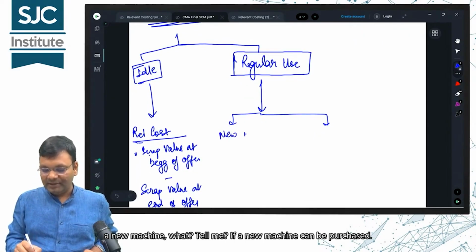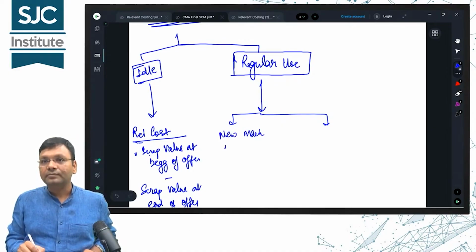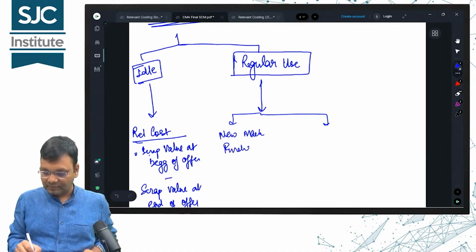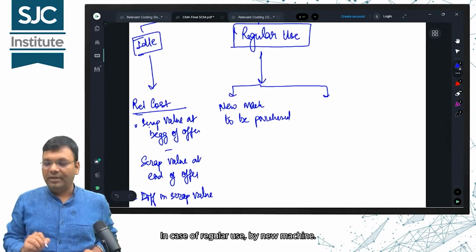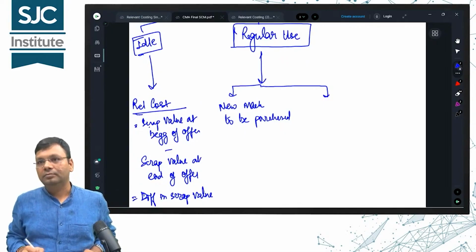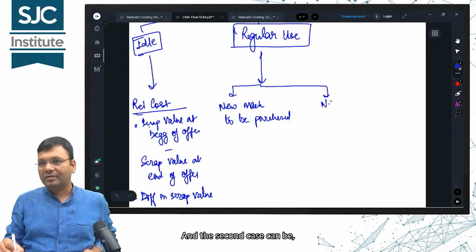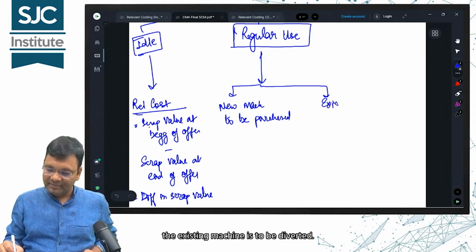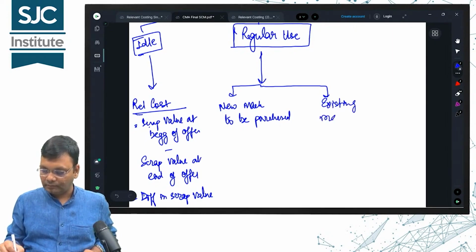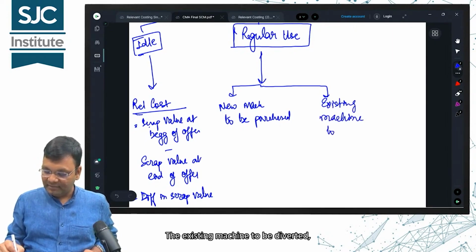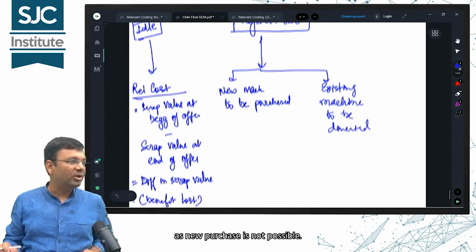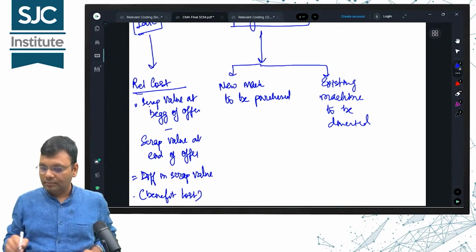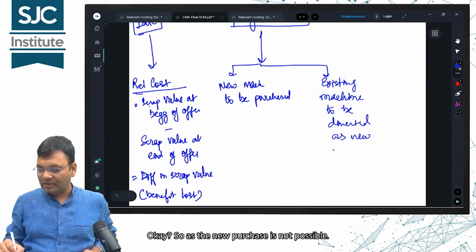If a new machine can be purchased, in case of regular use, a new machine is to be purchased. And the second case is that the existing machine is to be diverted, as a new purchase is not possible.